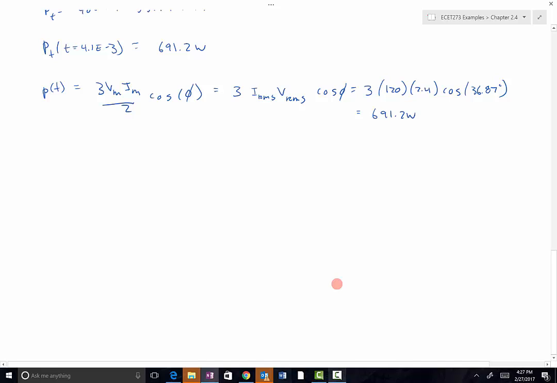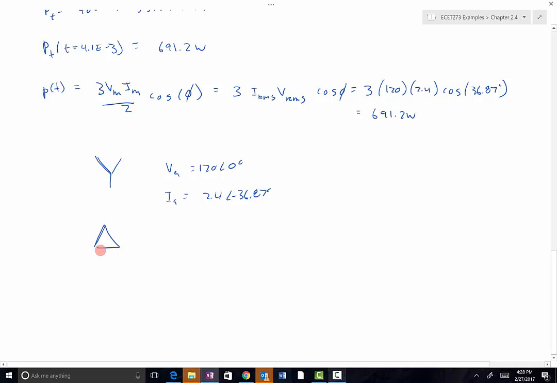I did these calculations using a Y-connected source. I used VA is equal to 120 at angle 0 degrees volts, and IA is equal to 2.4 at an angle of negative 36.87 degrees. You could have done the same analysis for the circuit at the load.